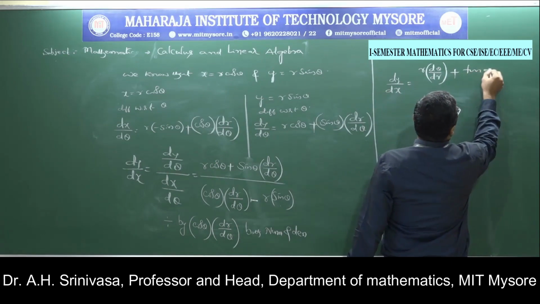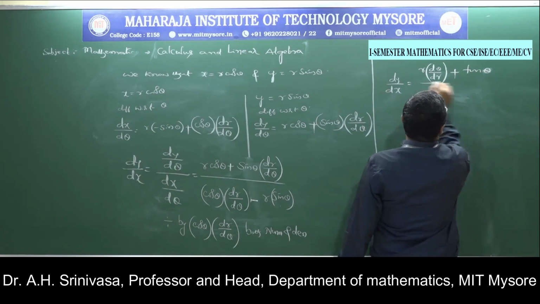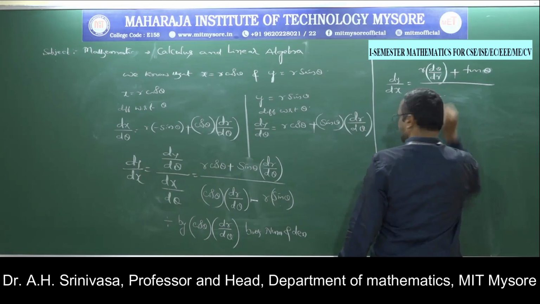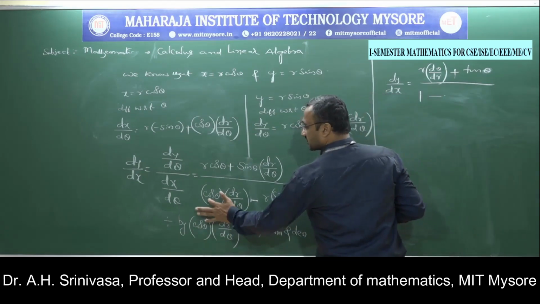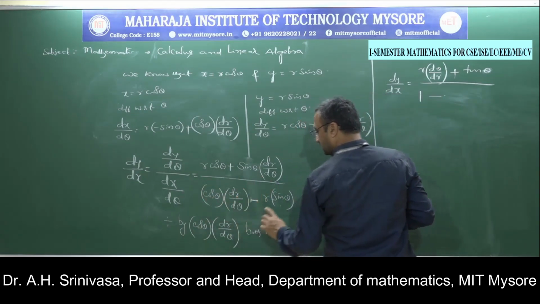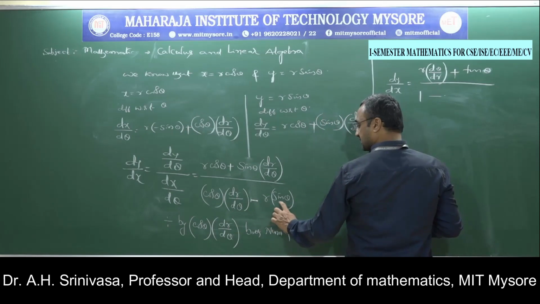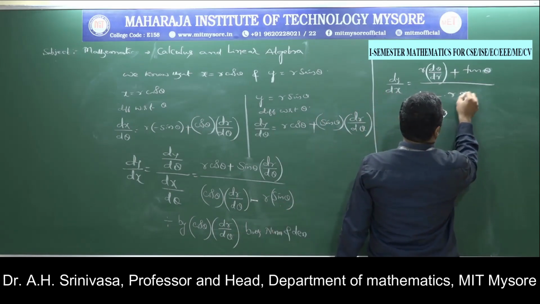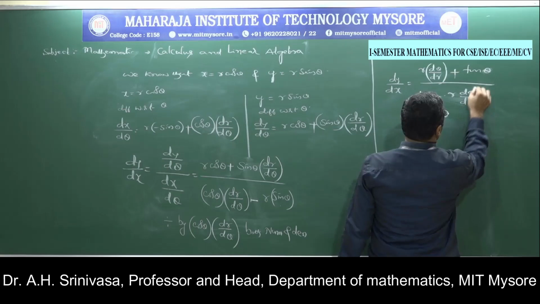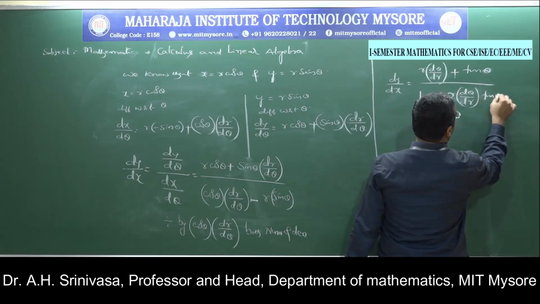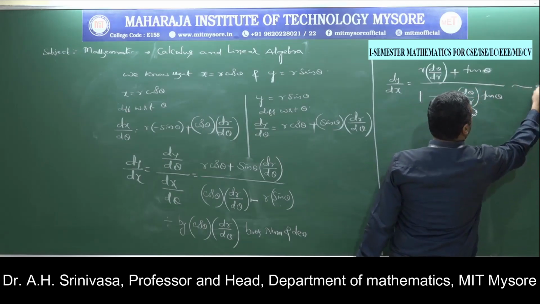You get only tan theta, all divided by 1 minus, these two terms are cancelled here. We get 1. Then again the same procedure: r into d theta by dr into tan theta. Now call this equation number 2.